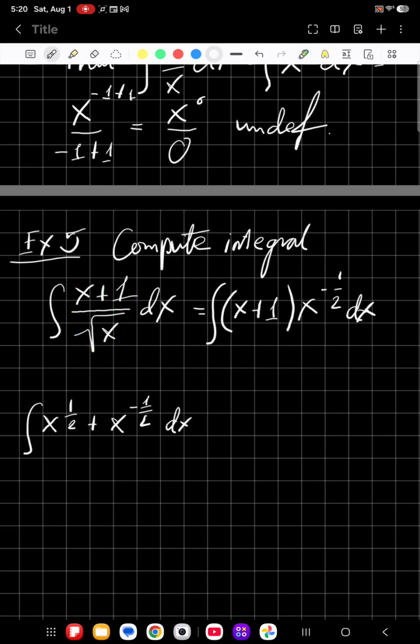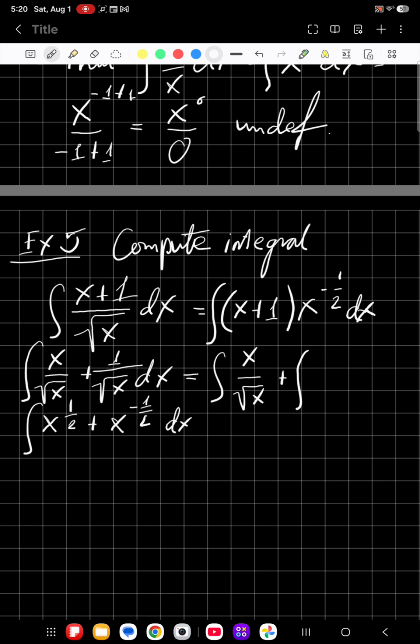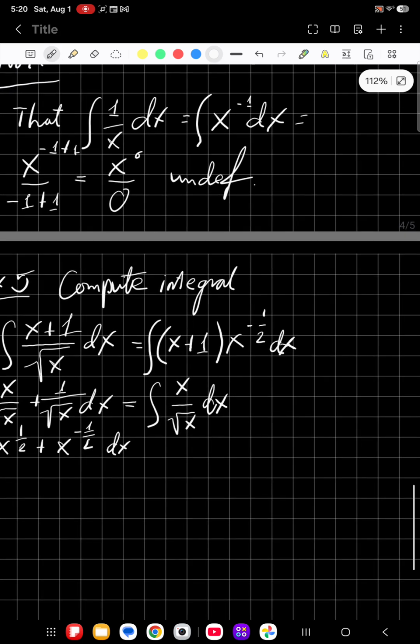Let me rewrite it, just to give you this algebraic tool of solving integrals: splitting the integral into two. So now I have two integrals: the integral of x over radical x dx, plus the integral of 1 over radical x dx.